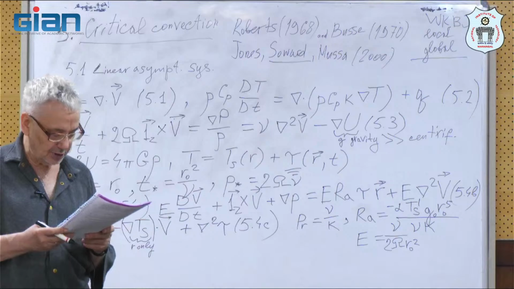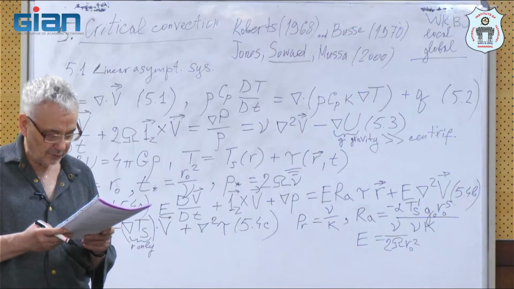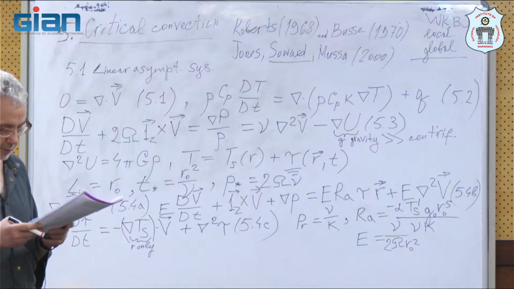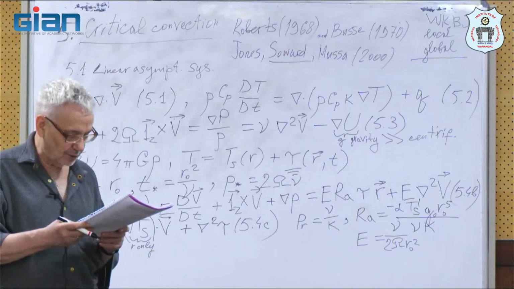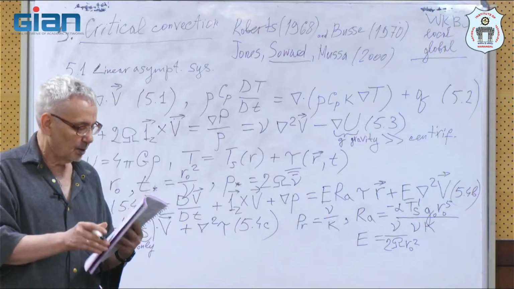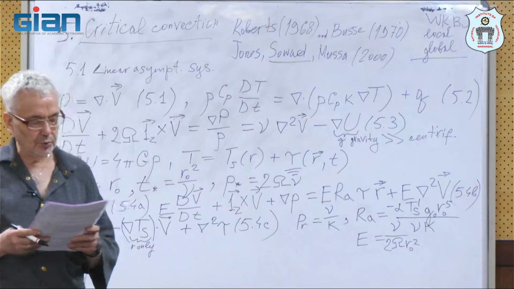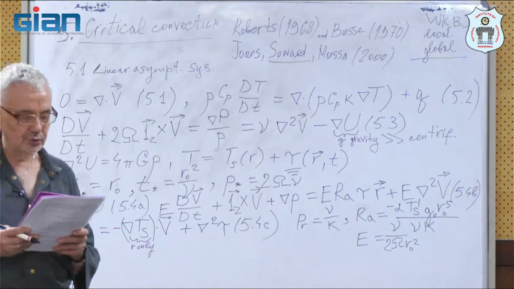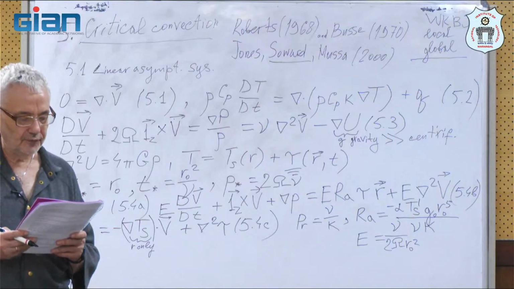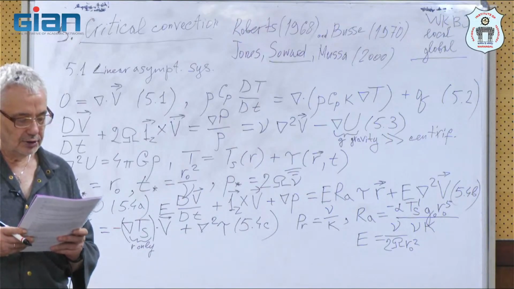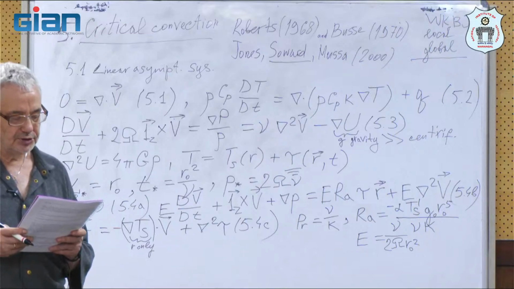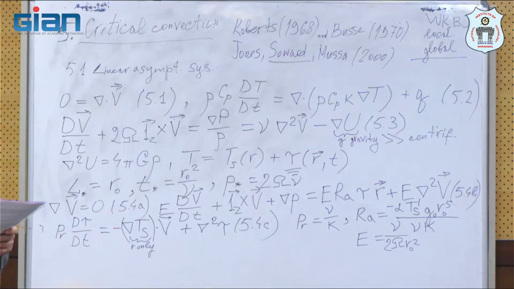When the fluid is at rest, the steady temperature profile Ts of r and its derivatives depend on the heating mode that is constructed. Most of the known works consider either so-called internal heating or differential heating. In the first case, it is assumed that the distribution of the heat sources is uniform in the fluid volume. In the second, that the temperature values are fixed at the inner and outer boundaries of the spherical layer.